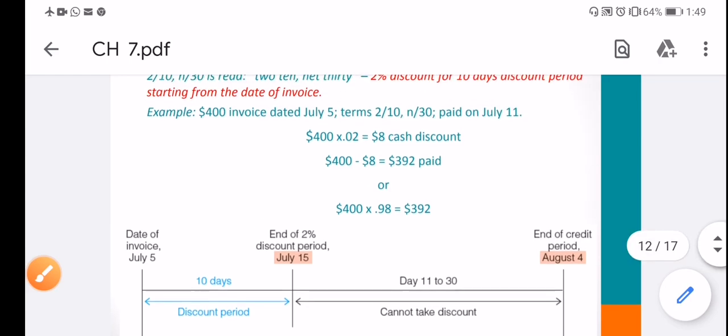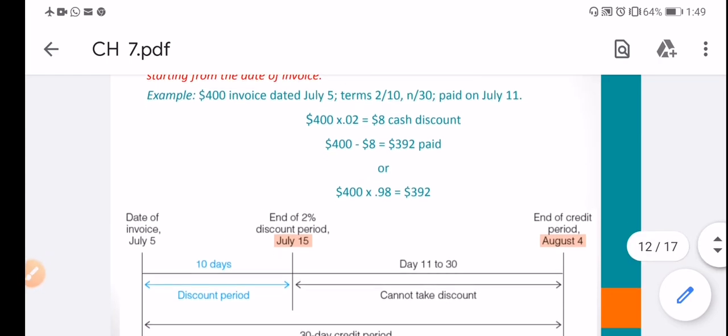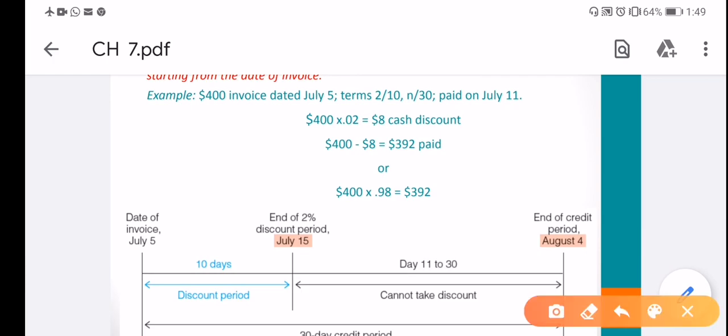Now, you paid on July 11. So where is July 11? Is it before or after this line of July 15? July 11 definitely exists in this part, so you are willing to take this 2% discount.